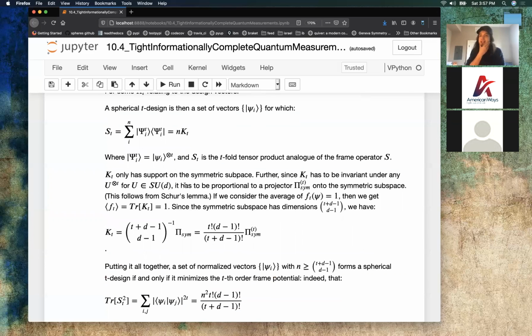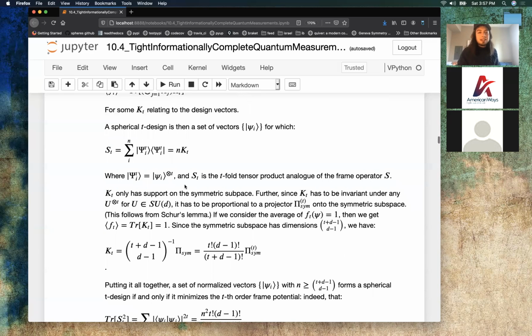Now here's a nice little thing. I was thinking about this; this is one element of the exposition which I feel like I should know better than I do. So, this is going to invoke Schur's lemma.